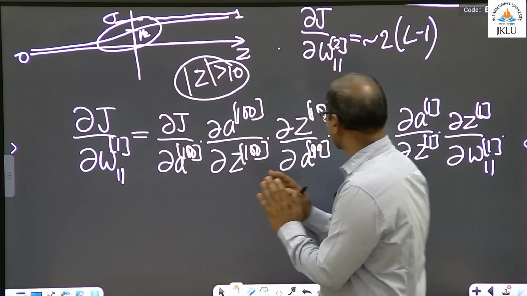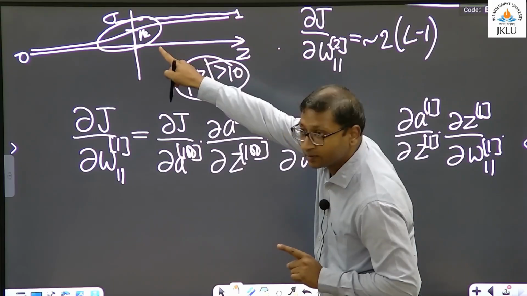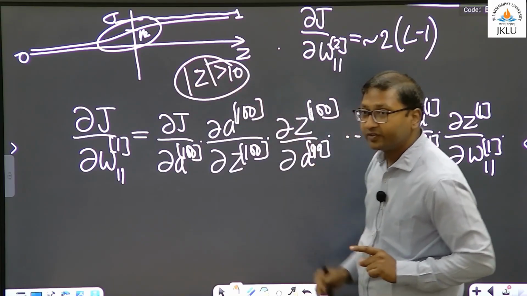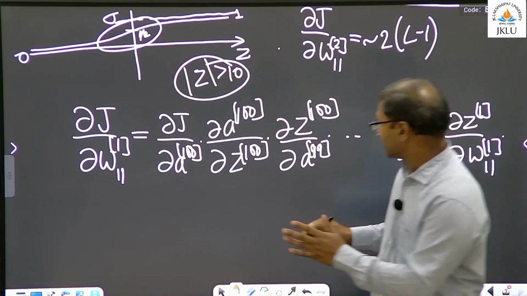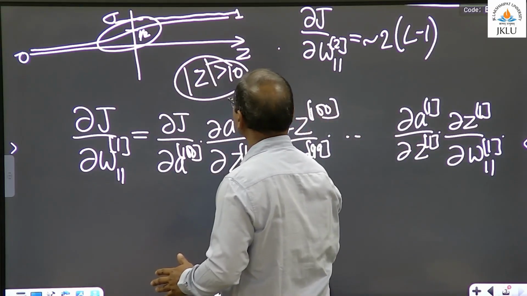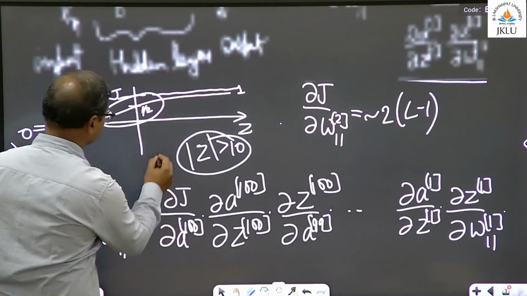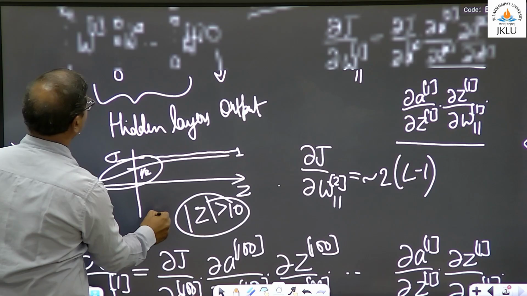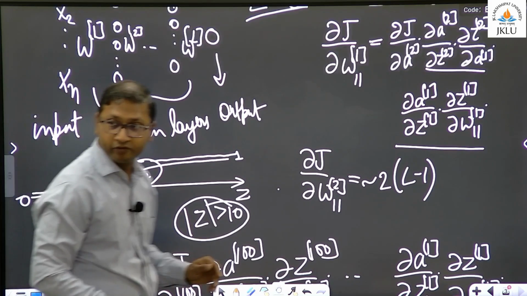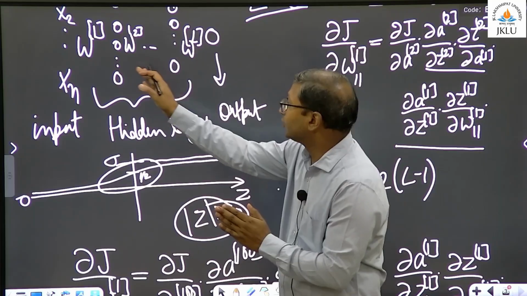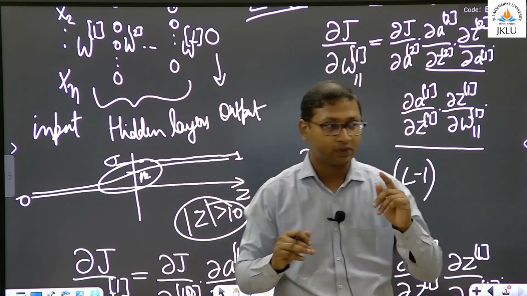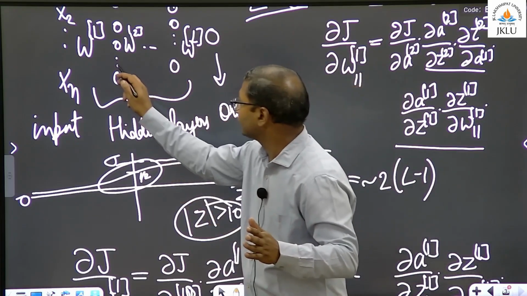Now, wherever these terms are, where are these being differentiated? For every layer we have, every neuron must be doing two things. What are they?